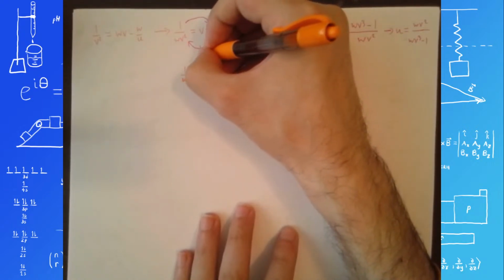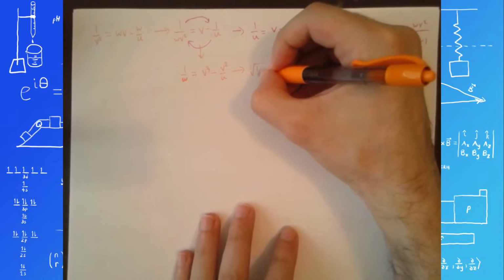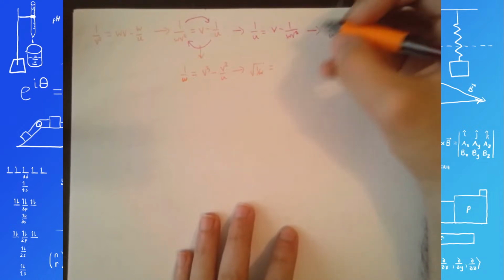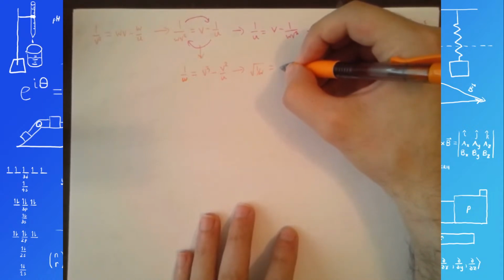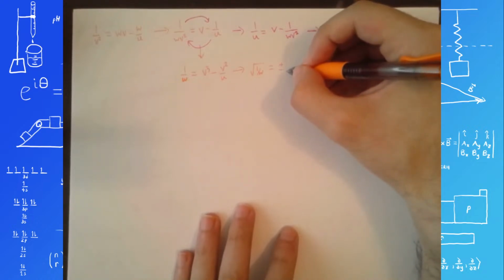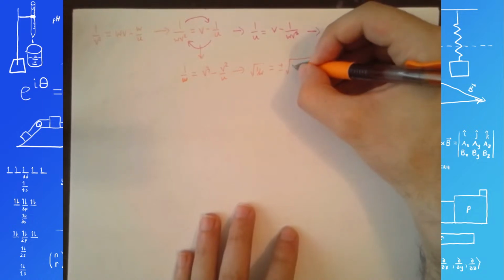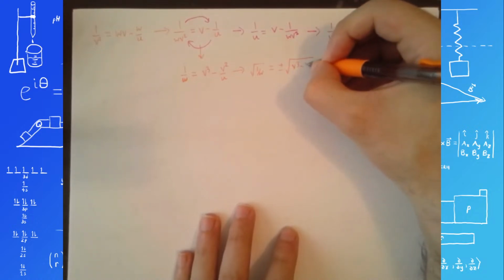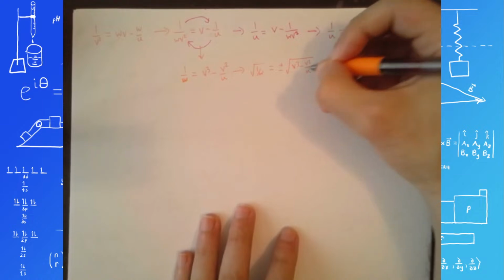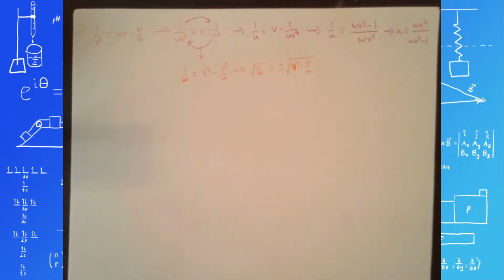So from here to here, and from here to square root of 1 over w equals plus or minus the square root of v cubed minus v squared over u. All done. Let me draw that v a little bit bigger so that the 3 doesn't eclipse it. Okay, and we're done.